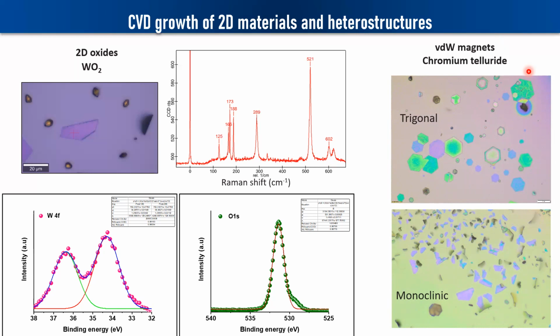And we are actually seeing, I think it is Cr5Te8, but in the same wafer we can see both trigonal structures as well as monoclinic structures. So it will be interesting to investigate how the magnetic properties are going to be different for the different types of crystal structures in these van der Waals magnets.